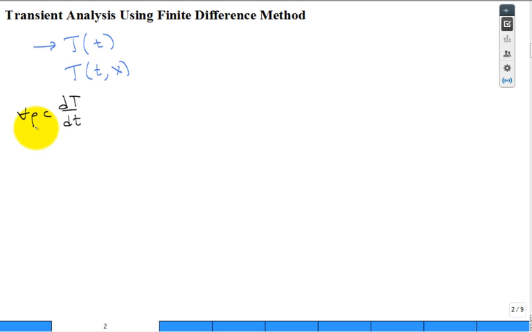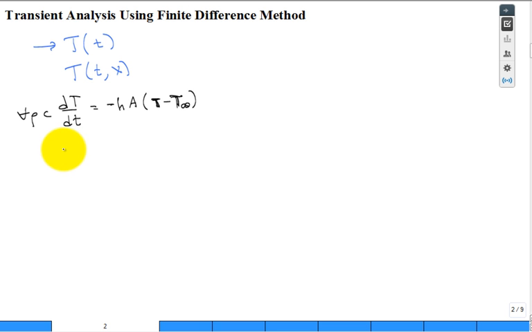So either mC or rho V C. And then on the other side we had hA (T minus T infinity), the fluid temperature. If the object is hotter than the fluid temperature, then heat is going out of the system, and it'll tend to cool, lowering the temperature with respect to time. So that's why there's a negative sign. That was our starting point, our differential equation.